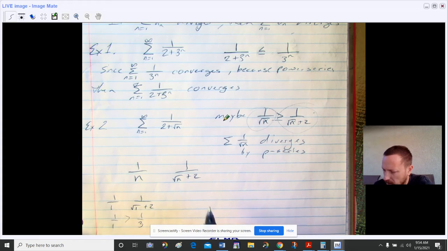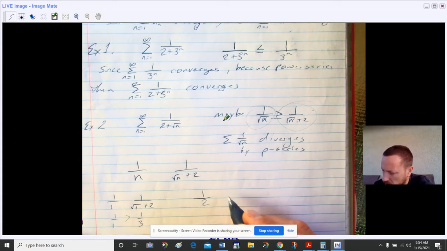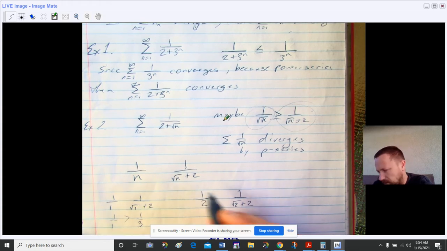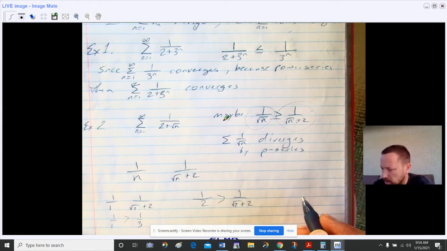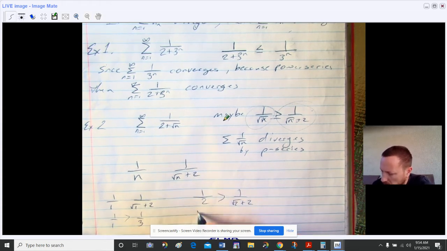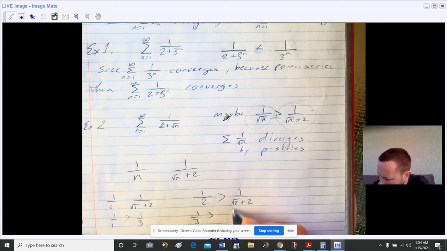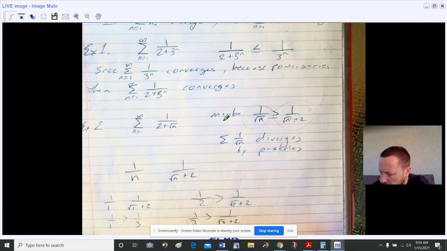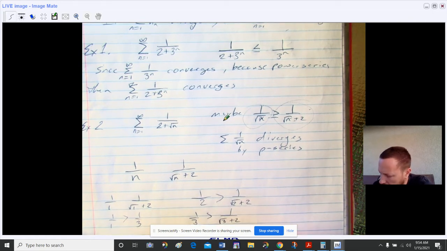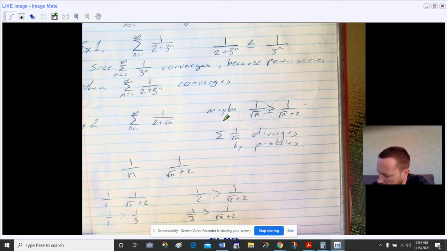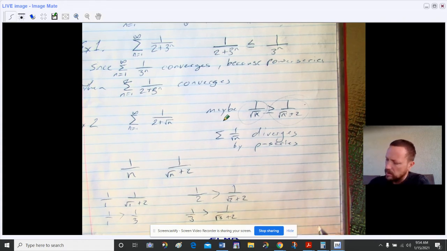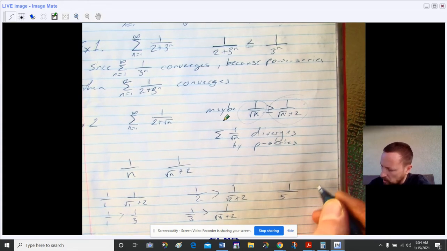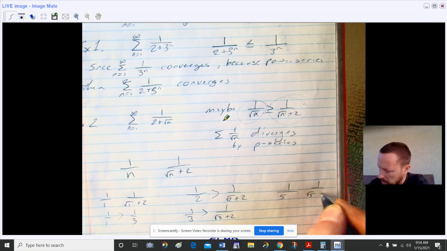Well, that's greater than that. Well, what about 1 over 2 and 1 over radical 2 plus 2? Well then that's still greater. 1 over 3 and 1 over radical 3 plus 2. Still greater. 1 over 4 and 1 over radical 4 plus 2. Well, these are equal. What about 1 over 5 and 1 over radical 5 plus 2?